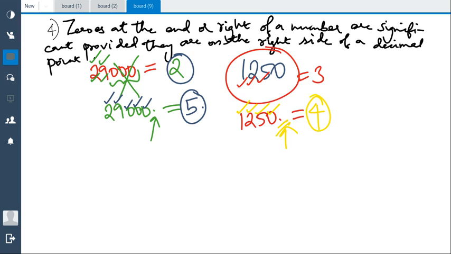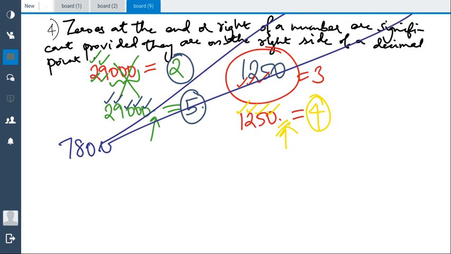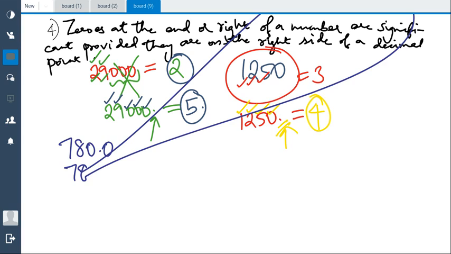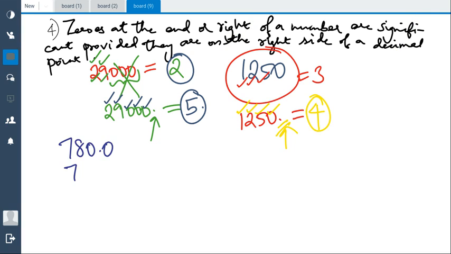Now, next, if I write 780.0, 780, 780.00, 780.000, you have to calculate the number of significant figures.